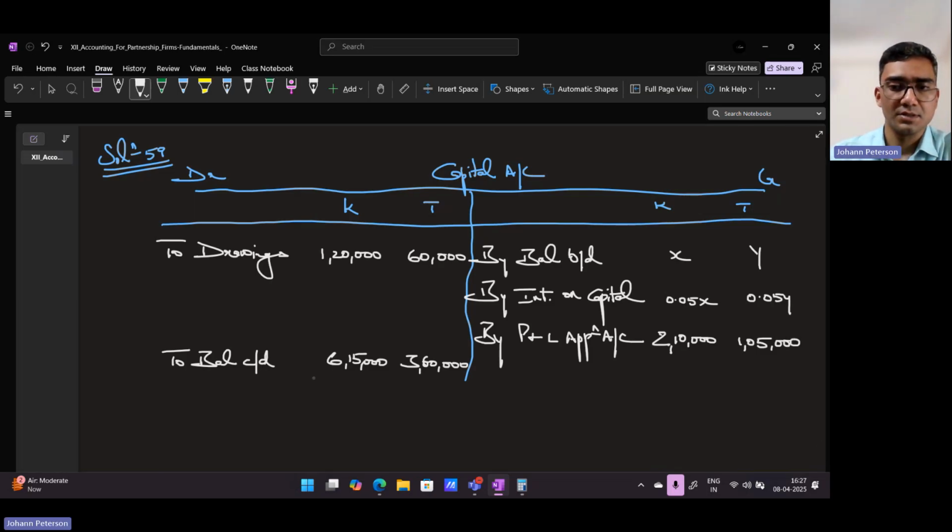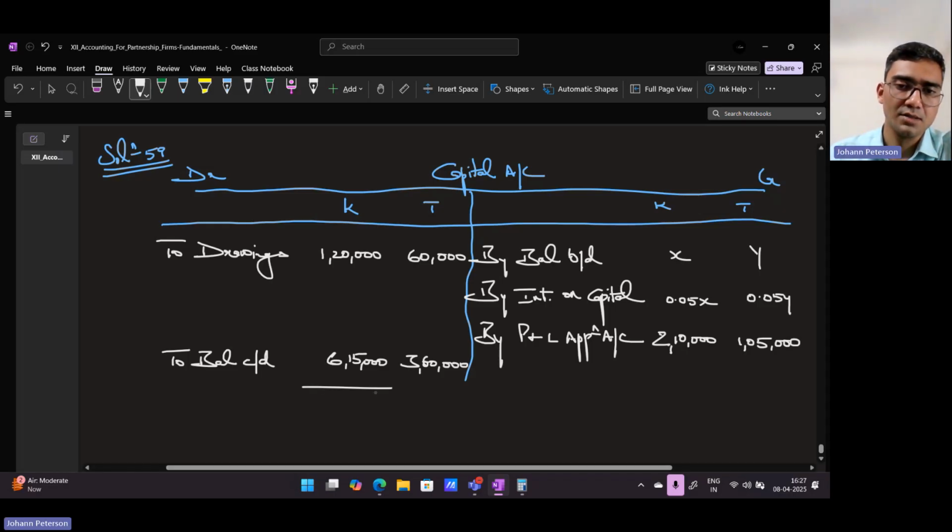Right. Now, what is this account signifying? Since nothing else has to come in this account, therefore we can total both the sides. So here the amount will be 6,15,000 plus 1,20,000 makes it 7,35,000.